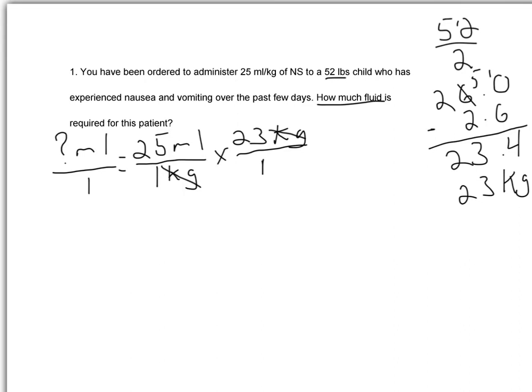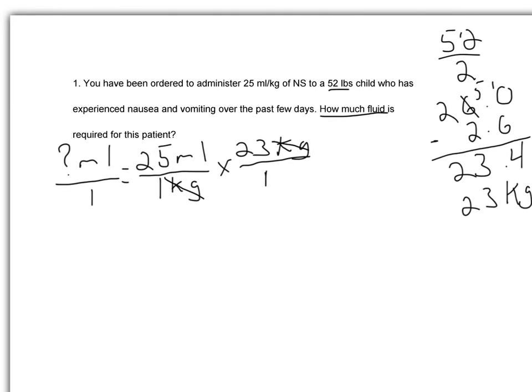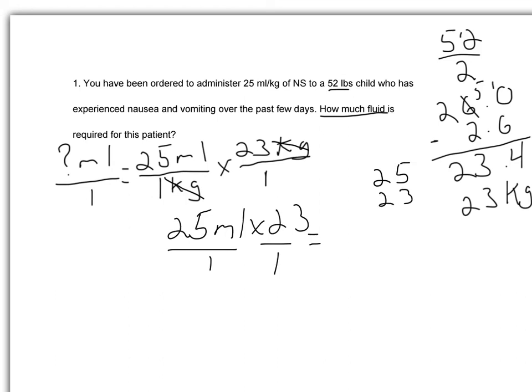So what we're left with is 25 milliliters times 23 over 1 equals, so we'll just do the math over here, 25 times 23. 5 times 3 is 15, 2 times 3 is 6, plus 1 is 7, 0. 2 times 5 is 10, 2 times 2 is 4, plus 1 is 5.